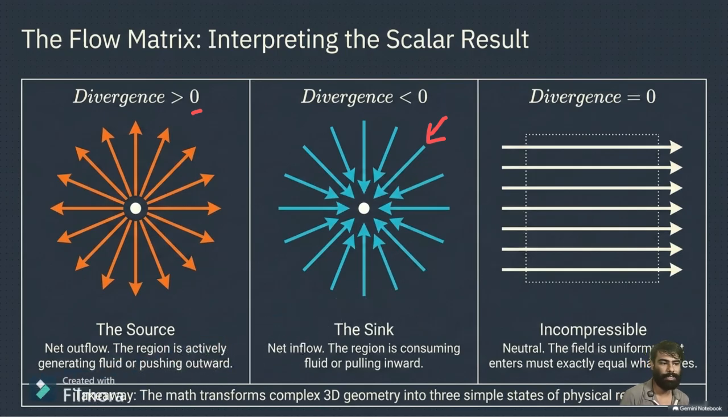That is negative divergence, or divergence less than 0. And what happens when your divergence is 0? Then that means neither is it a source nor is it a sink. That means no fluid is vanishing inside, and no fluid is being created either. So that is what the divergence tells you.